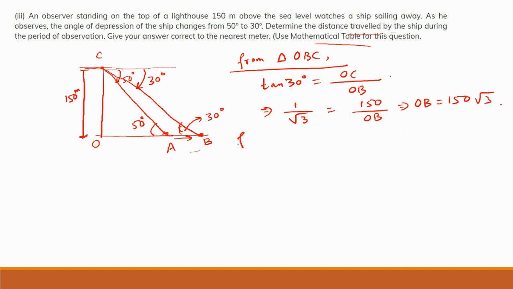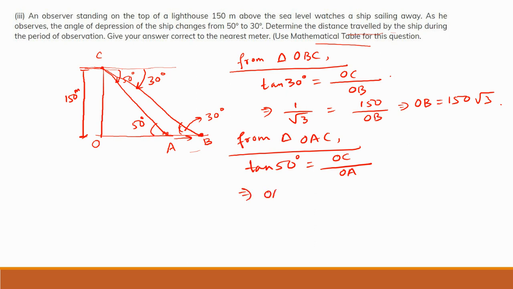So now from triangle OAC, similarly tan 50 degree, which you have to find from the table, is OC divided by OA, right? So from here OA is equal to 150 divided by tan 50 degree, which you have to find out.